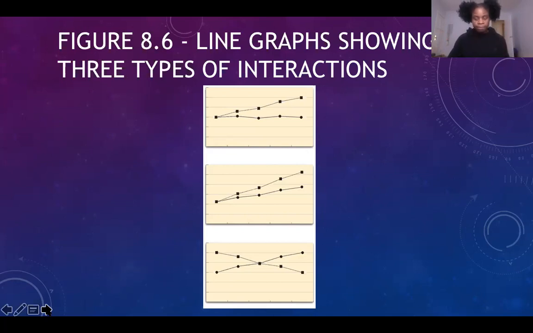So some takeaway points from this specific section in our textbook, okay? Researchers often include multiple independent variables in their experiments. The most common approach is the factorial design, in which each level of one independent variable is combined with each level of the other to create all possible conditions. Another takeaway is that in a factorial design, the main effect of an independent variable is its overall effect averaged across all other independent variables.